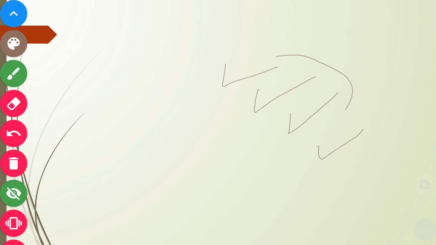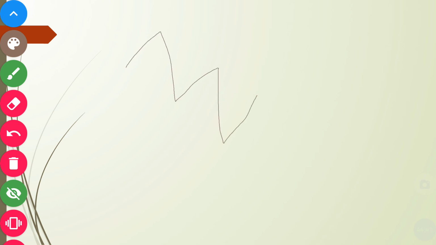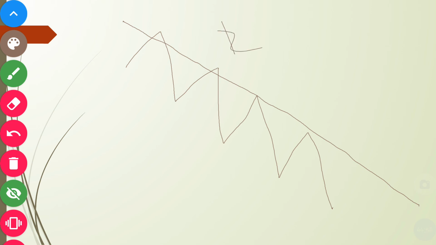So this is a whiteboard now. This is what I was talking about. We are on a downtrend now, right? Now we have our trend line, and it serves as mini resistance.